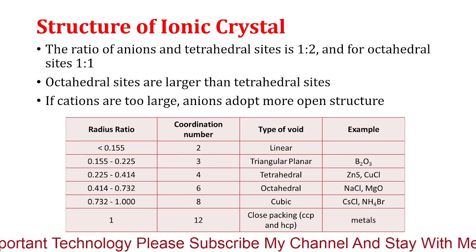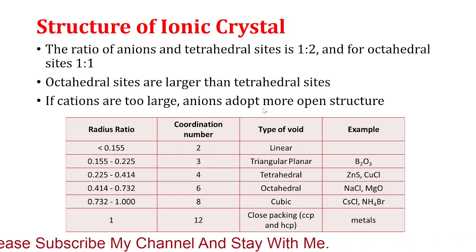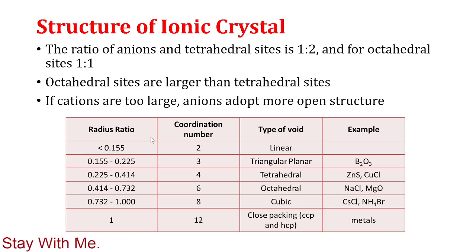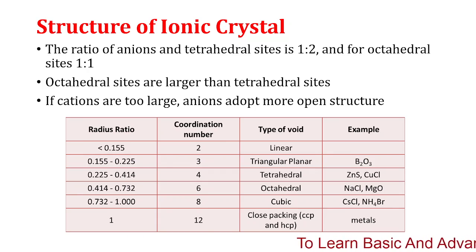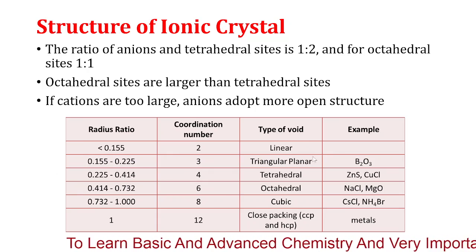But if the cations are too large, anions adopt a more open structure. Therefore, in that case the anions will have a very different type of open structure. If the coordination number is at most 2, the type of void can be linear.